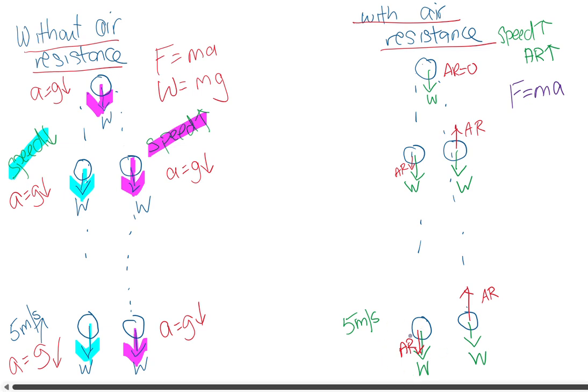In this case, it's AR plus W. Since your net force is larger, your acceleration will be larger too. So in other words, my g value here is more than 10. And as I move upwards, my g value actually gets a bit smaller, but it's still more than 10, okay?